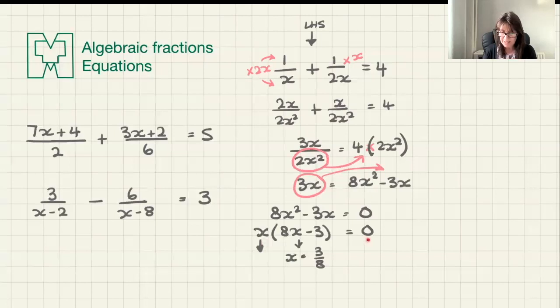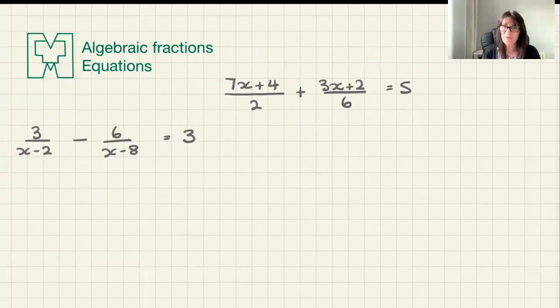Remember, we're trying to get this side, the left-hand side, to equal the right-hand side, which we set to 0. So in the bracket, it doesn't really matter what's going on. As long as this x is 0, 0 times whatever is 0. So when you can factorize like that, you will always get an x equals 0, which is worth knowing.